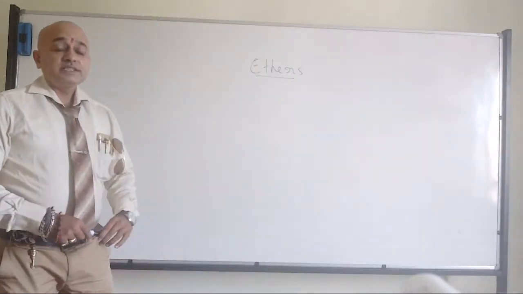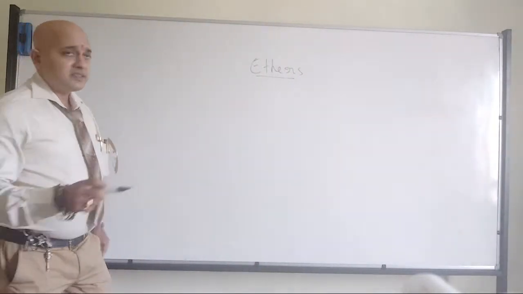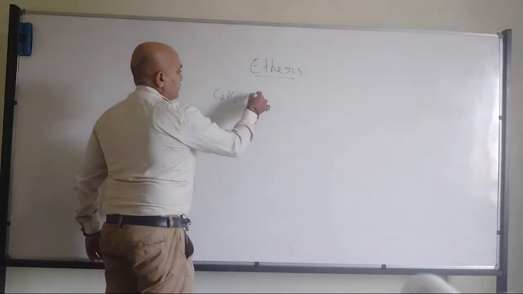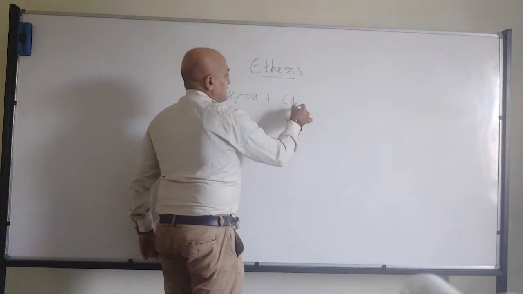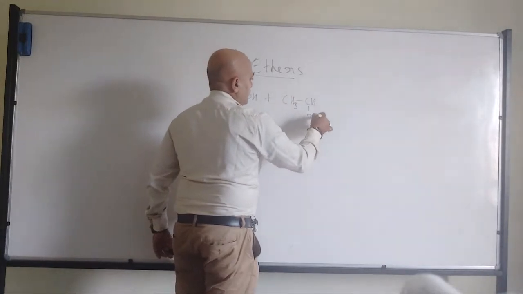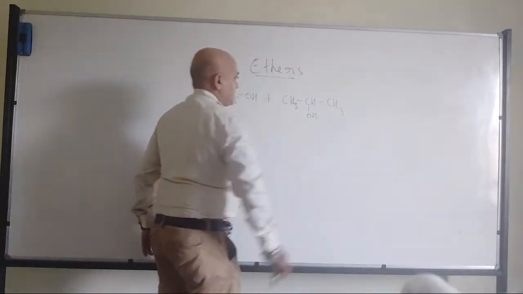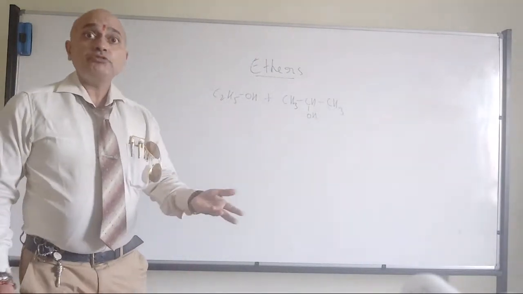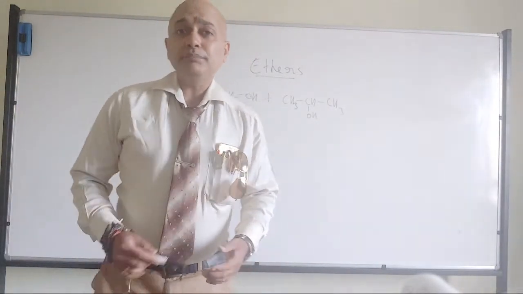Okay. So if I take an asymmetric ether, say for example, I have taken C2H5OH and another one as CH3CHOHCH3. So imagine we have taken two different alcohols, as we have to if I want to go for an asymmetric ether.